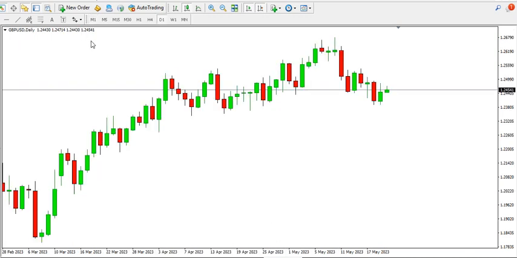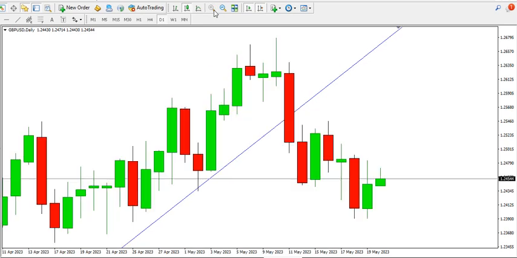Let's look at GBPUSD. GBPUSD is showing us that the trend is bullish, but with this particular evening star candlestick pattern, you can see that price is retracing.